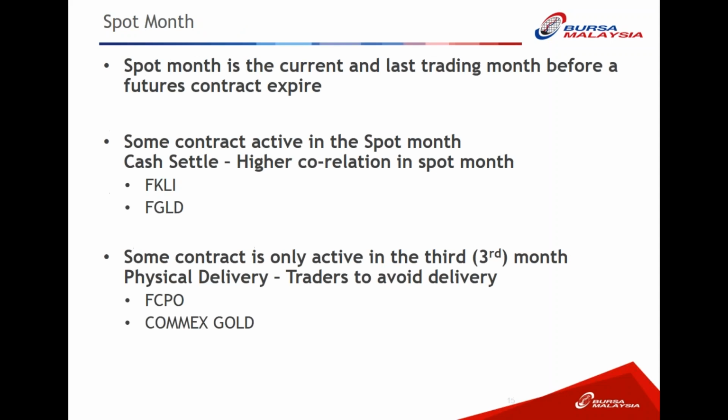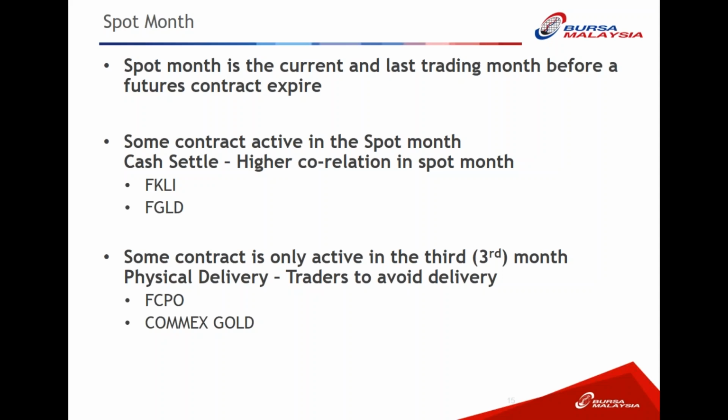Okay, what are the spot months? The spot month is the month in which the contract you're trading expires. It's the current and the last trading month before a futures contract expires, or matures. So for example, if you're trading FKI, the spot month will be this month, which is November.